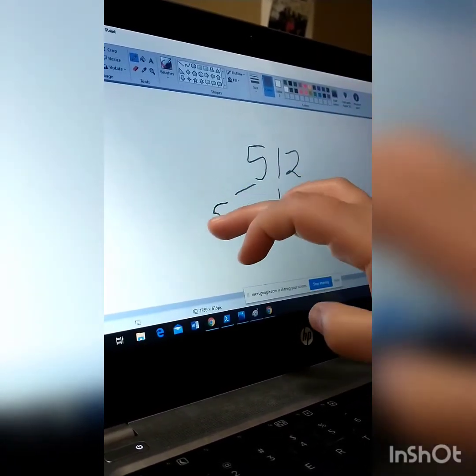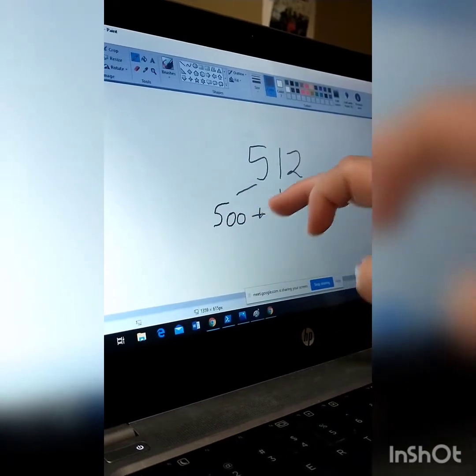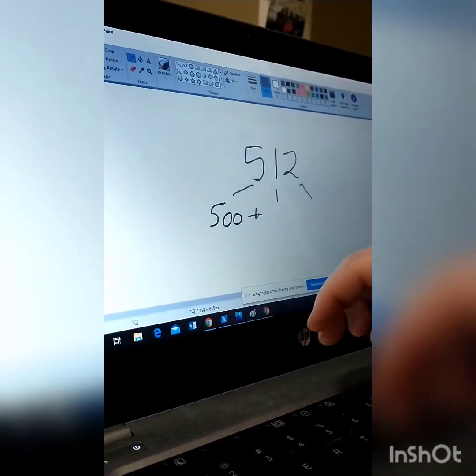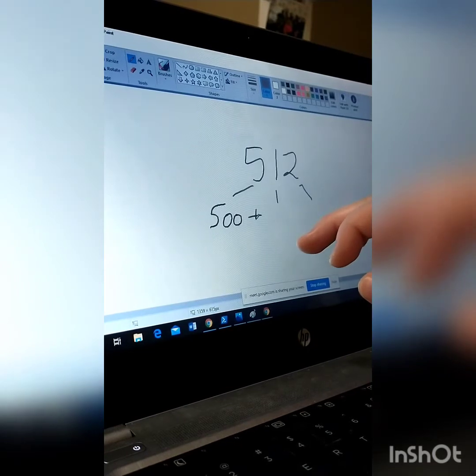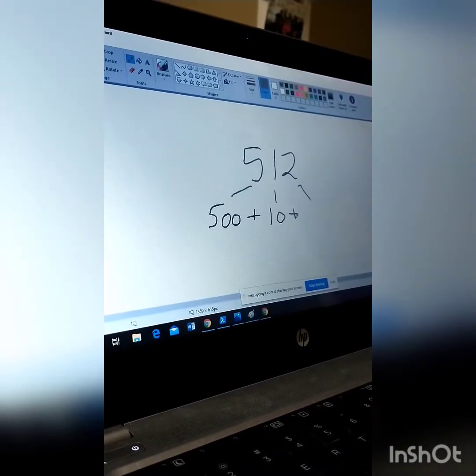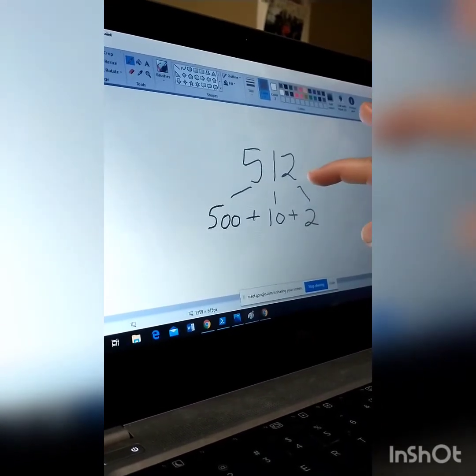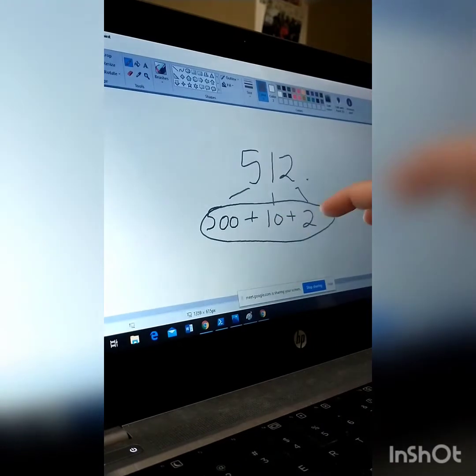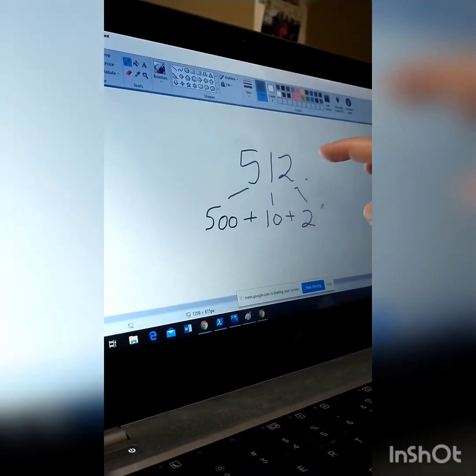So I'm going to do 500 plus what? 10. Right? And then what about for the ones place? 2. Good. So if I add a decimal to this, all of this is still going to stay the same. We just need to add in the decimal.